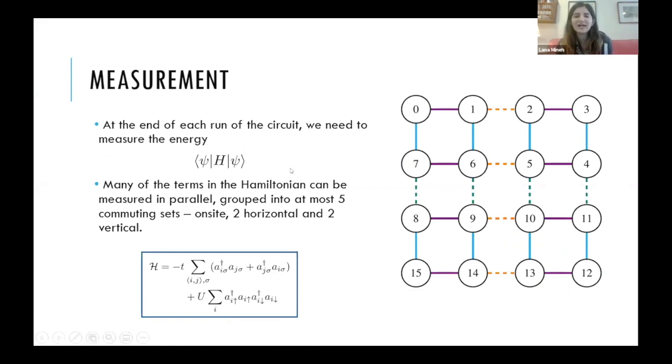It turns out you can't group them into these 5 commuting sets if you have a different ordering, like going straight down. So the actual ordering has a lot of effect on how you do the measurements and the actual circuit you implement.